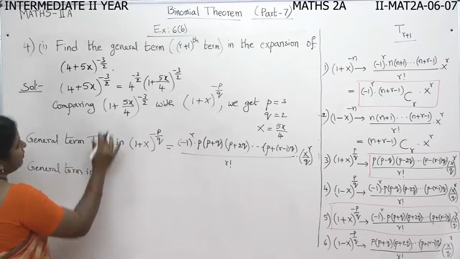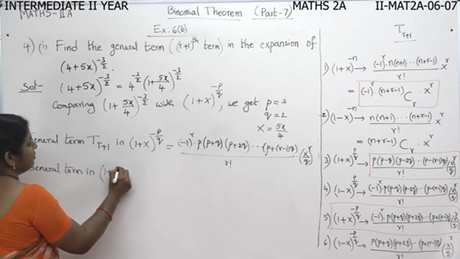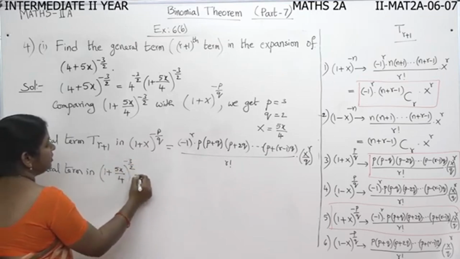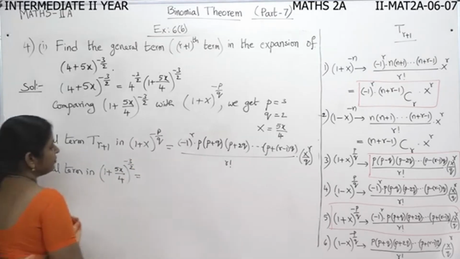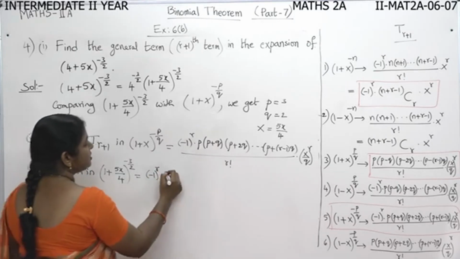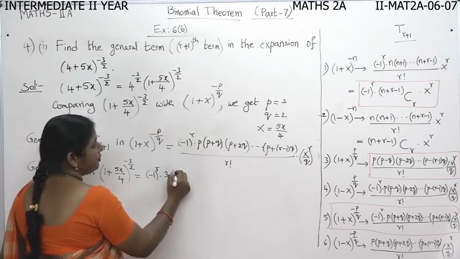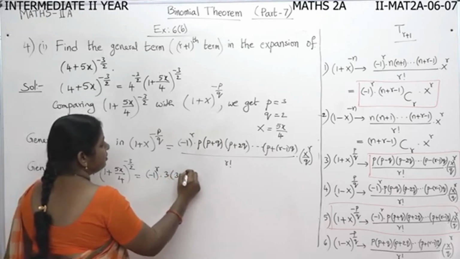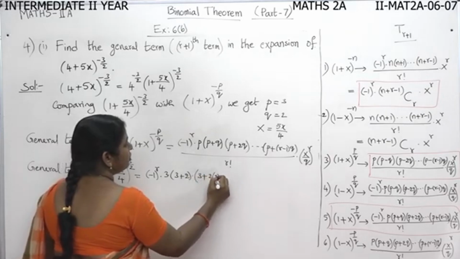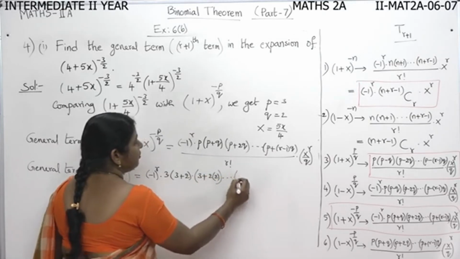in 1 plus 5x by 4 to the power of minus 3 by 2 is equal to minus 1 to the power of r into p value is 3 into p plus q, that is 3 plus 2 into 3 plus 2 into 2, so on up to p.